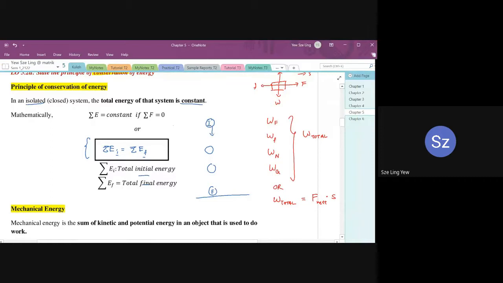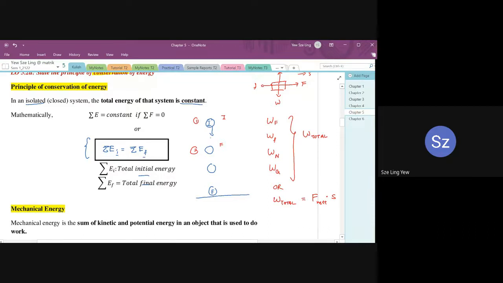In fact, it is wrong. It depends on where you are looking, which object you are looking at. If you want to determine the value at position 1 and position 2, then we take position 1 as initial and position 2 as final. It doesn't mean the object is only at its final position when it reaches the ground. It could be at any position.